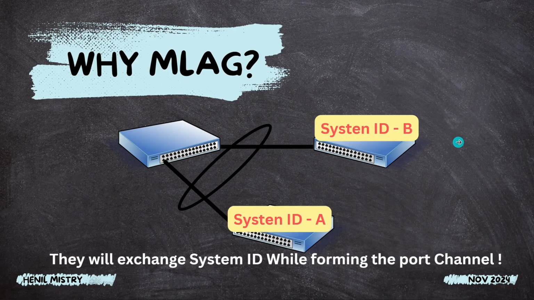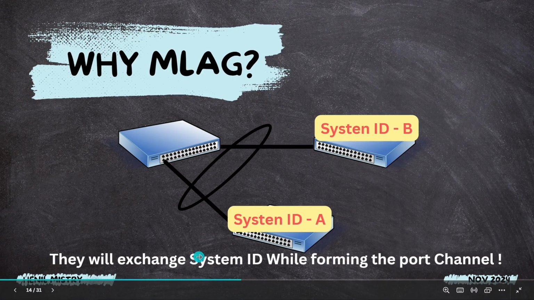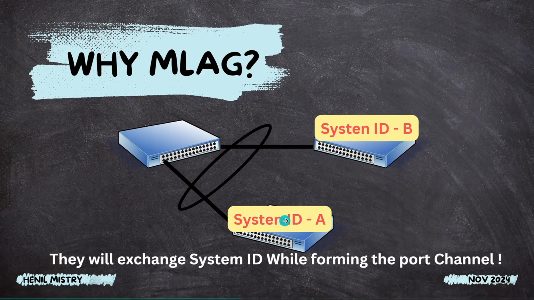When a port channel is formed, the switches exchange something called the system ID. The system ID is a combination of a priority, selected by default by the switch or configured manually, and the MAC address of the switch.